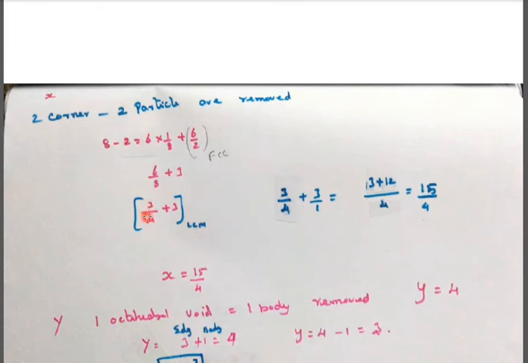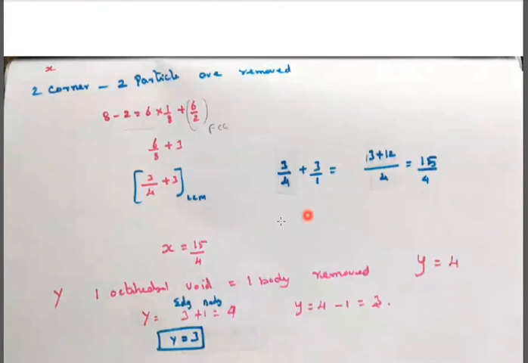So 3 by 4 plus 3, taking LCM, 3 by 4 plus 3 by 1. So 3 into 1 is 3, and 3 into 4 is 12, plus 3 is 15 by 4. So the X value after removing two particles is 15 by 4.